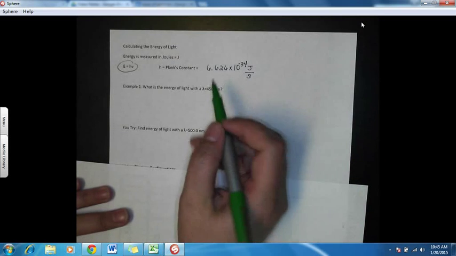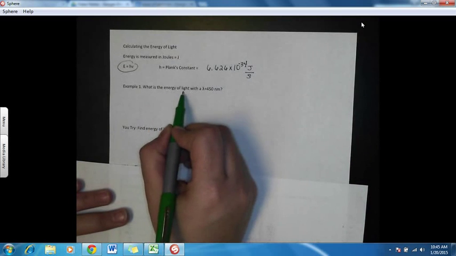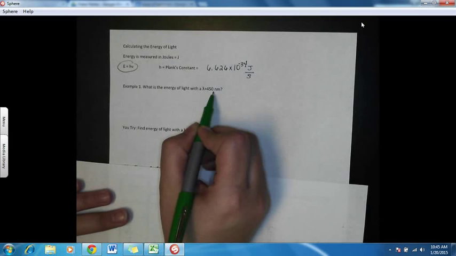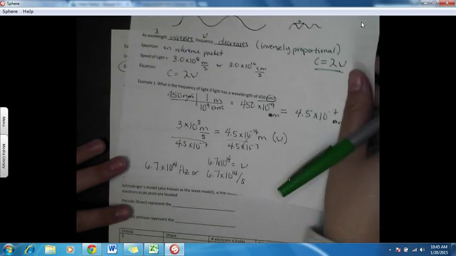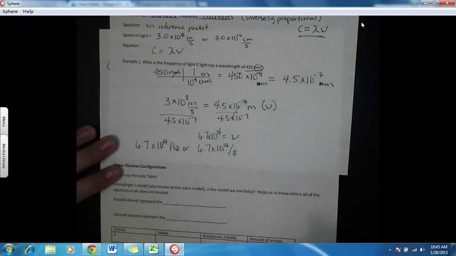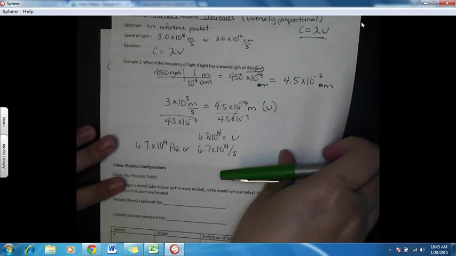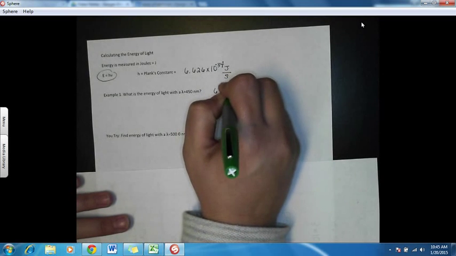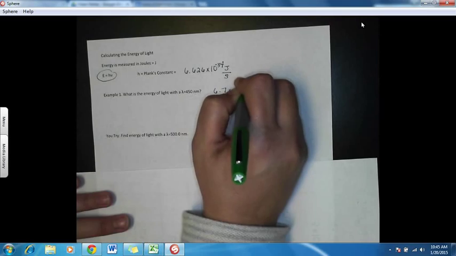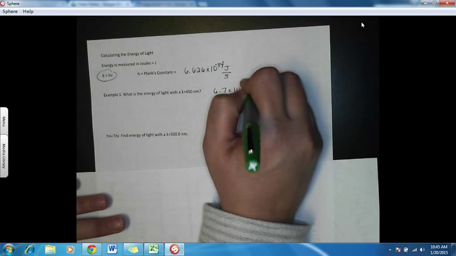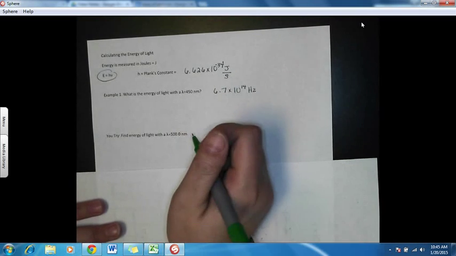So we calculate the energy of light that has a wavelength of 450 nanometers. Well, that was the same problem we just had a minute ago, right? And we found that the frequency was 6.7 times 10 to the 14th hertz, or per second.